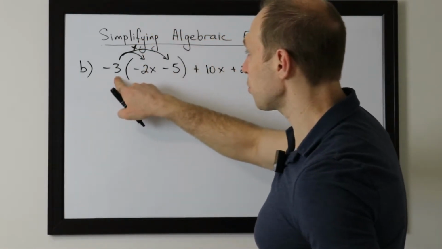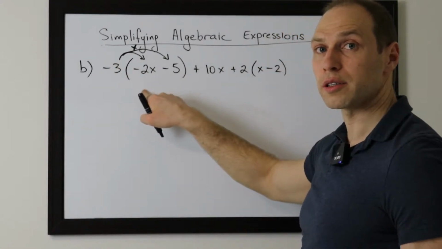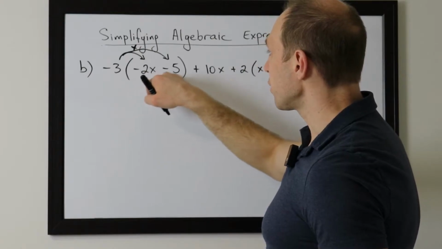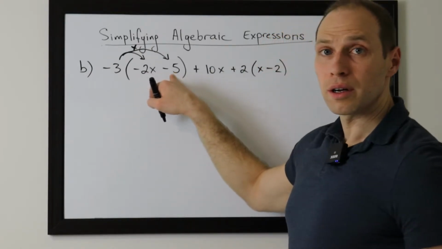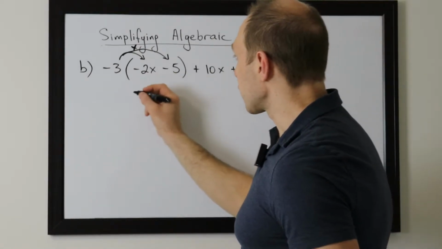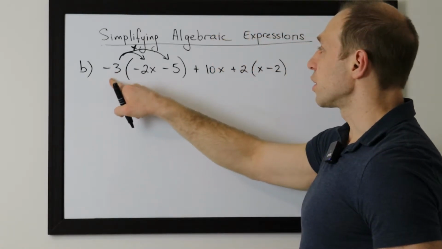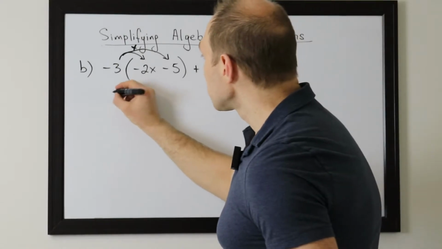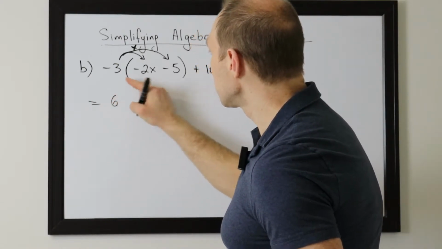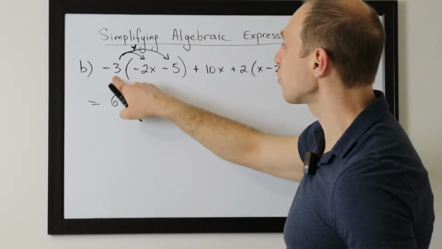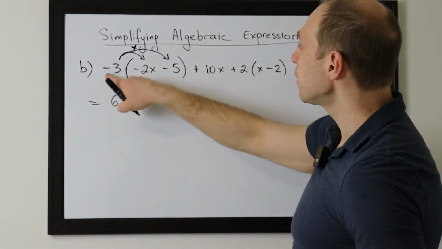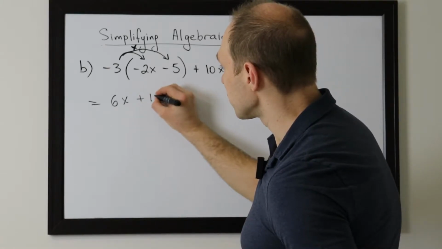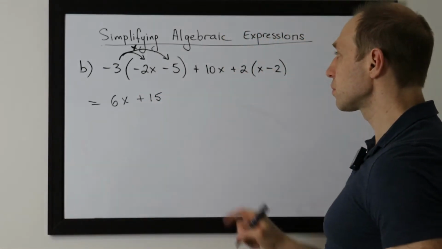The sign between the number and the bracket is multiplication. We're going to multiply this number by every single number inside the bracket. Negative 3. So negative times negative once again gives us a positive answer. So we're going to get 6x. Negative 3 times negative 5 is positive 15.